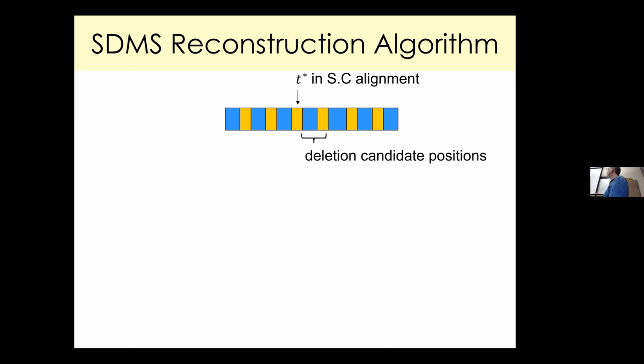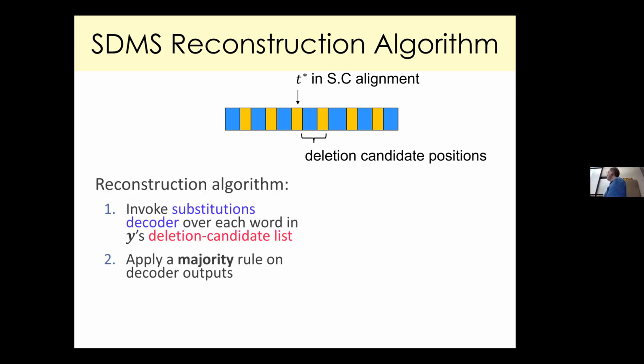We cannot distinguish anything happening between two orange bits, so we'll use them all as the candidate list. And now we can invoke the inner decoding for substitution only on each of those candidates. Then after we try them all, we can apply a majority on the outcome and declare that as the most likely reconstruction of what we have here.